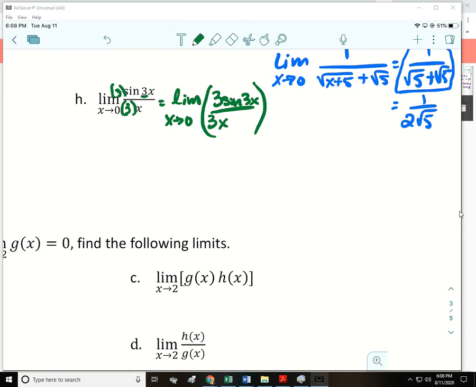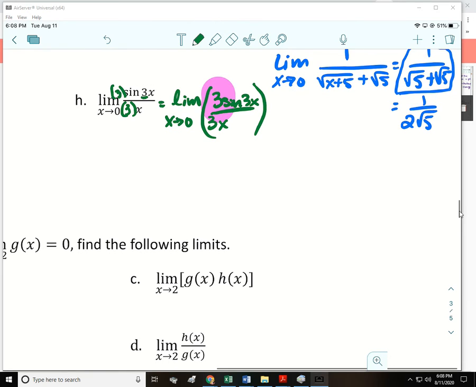Now this 3 that's in the numerator, I don't really want. So I'm going to multiply by it on the outside. It's using that second property.